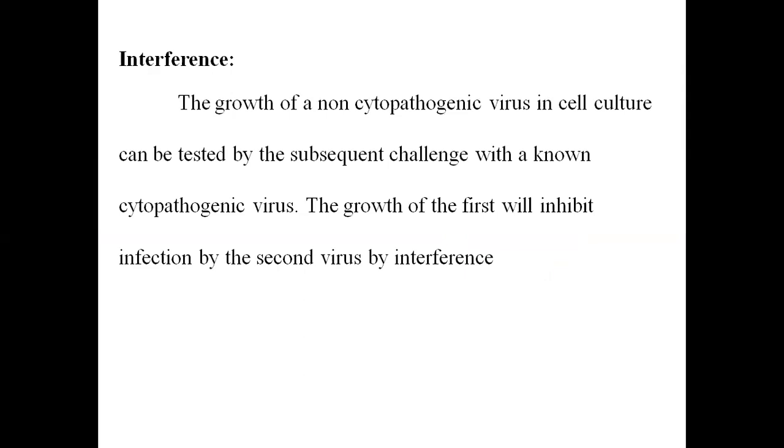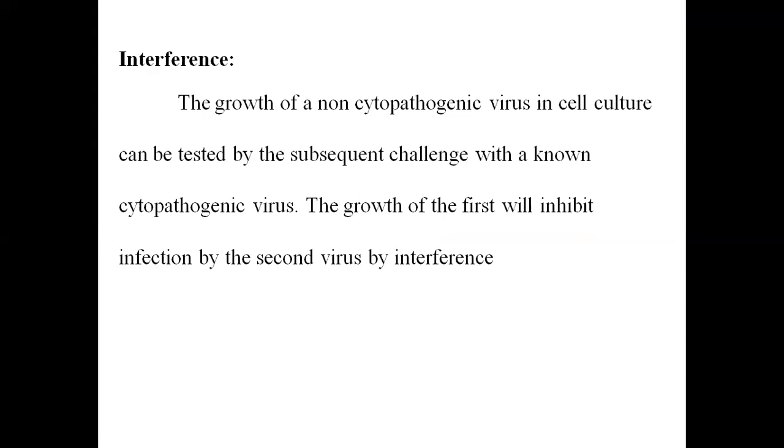The next one, interference. The growth of non-cytopathogenic viruses in cell culture can be tested by subsequent challenge with a known cytopathogenic virus. What happens? There is a non-cytopathogenic virus. It does not produce any cytopathogenic effect in the cell culture. At that time, we introduce a cytopathogenic virus into the cell culture.